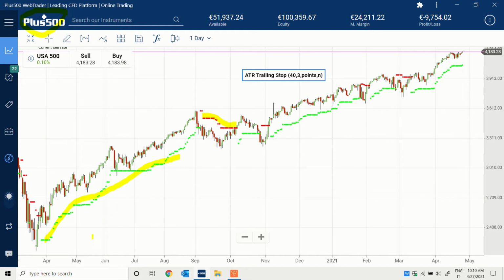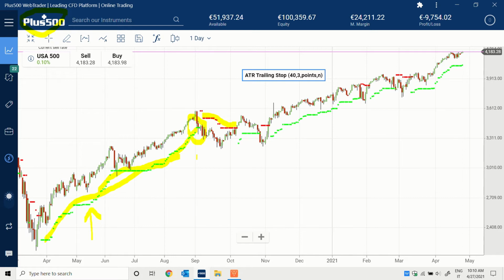Okay, so let's start from the left. Suppose here you are long, you stay long for the whole time of the green line, but then at this point the close price of this candlestick goes below the green line. At this point you close your long position and you short the asset.